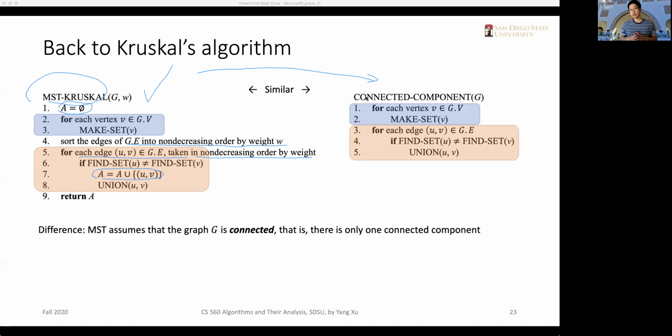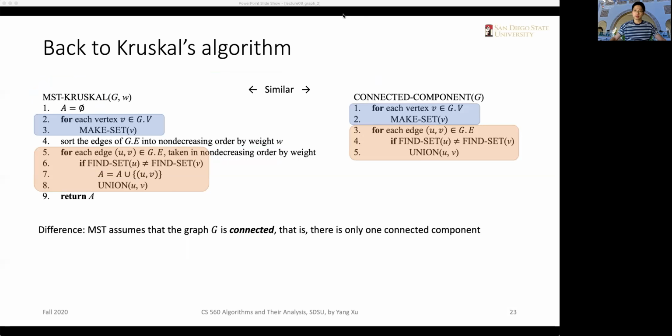But we assume that for a connected graph, there's only one connected component. So that is our assumption before we run the minimum spanning tree. If there are multiple components, then there shouldn't be a minimum spanning tree, right? A tree will not be able to span across all the vertices if some vertices are not connected.